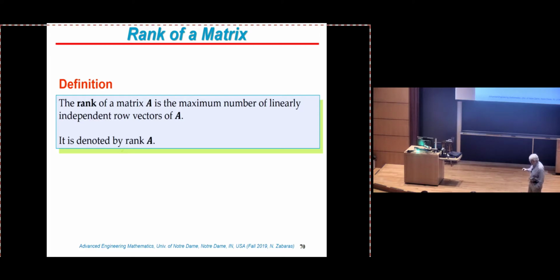That's what we will call the rank of the matrix, for now. I am not telling you yet how to find out how many independent vectors a matrix has. We're going to start covering that in the lectures on Wednesday and Friday. But if somehow you can figure out the number of independent row vectors, we call this the rank of the matrix.